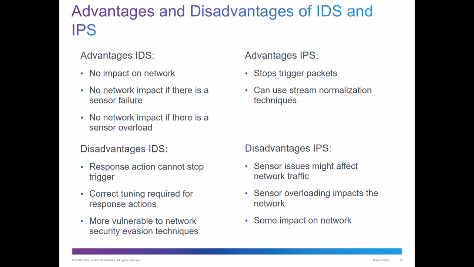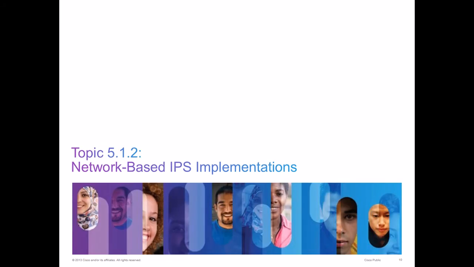But on the other hand, once an attack has been detected, it's already in the network. An inline IPS is much better, but again it slows down the traffic coming into the network.